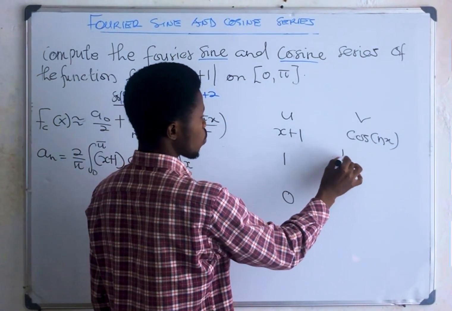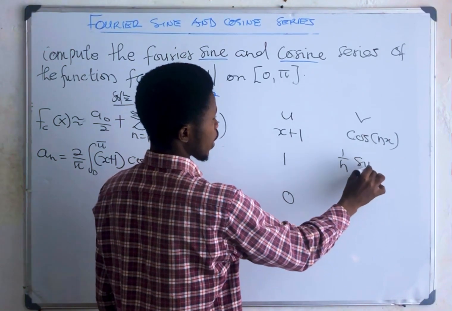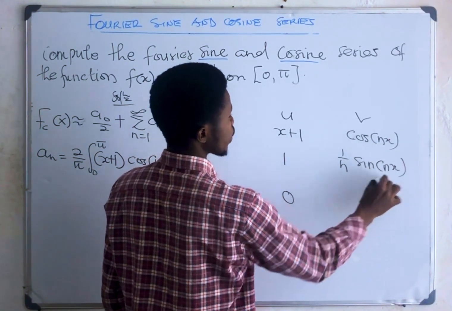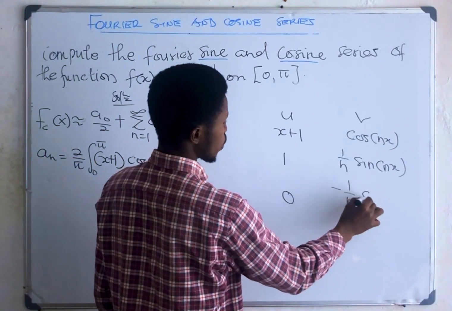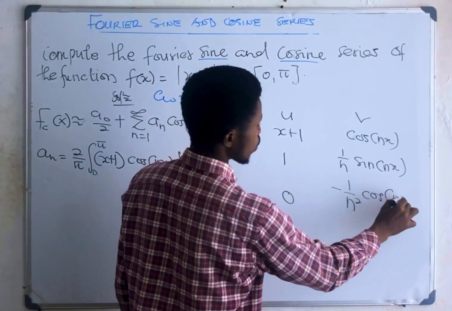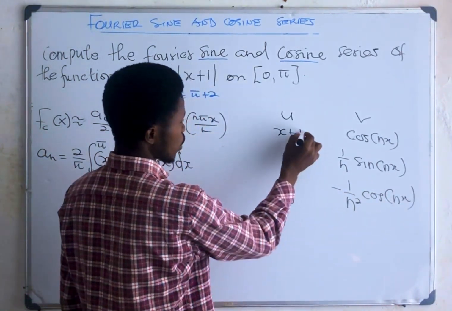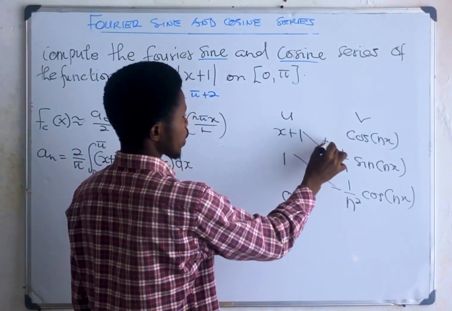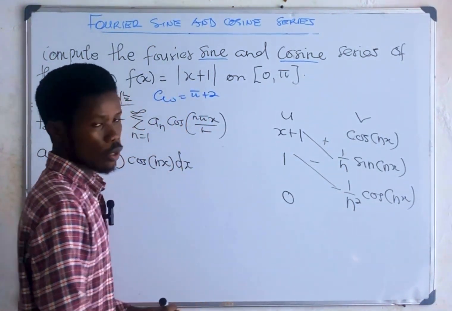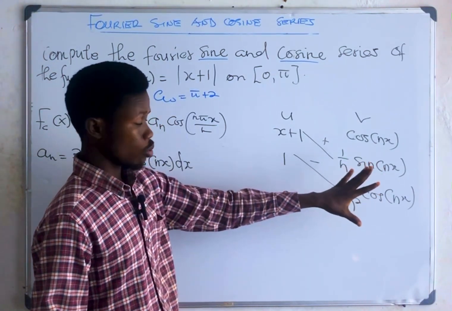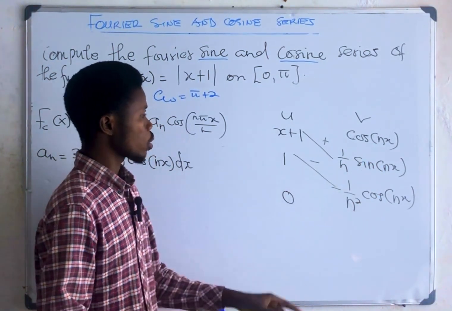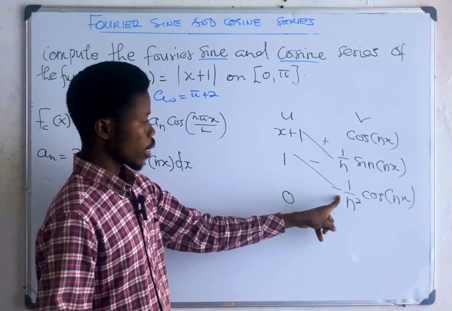This will give me 1 over n sine nx, right? The next one gives negative 1 over n squared cos nx. Now let's look at something here. For the sine, it will go to 0, so we won't use it. So we move to the cos. Now negative multiplied by negative gives you positive.